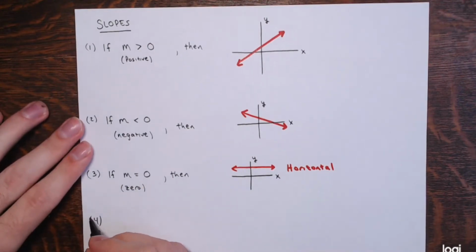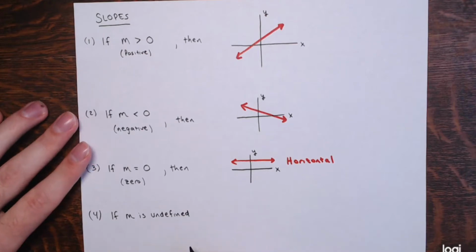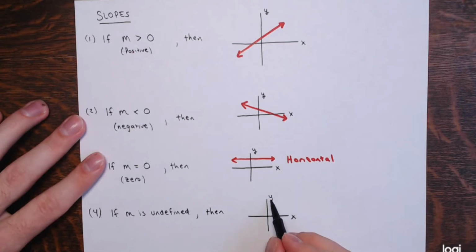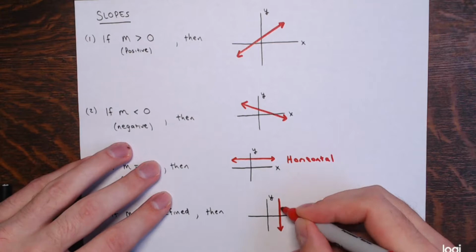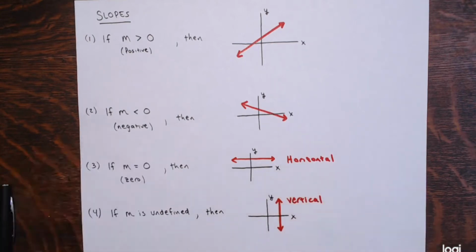And then the last case, if the slope is undefined, that means you're dividing by 0 in the slope formula. There's no change in x for every point. Right? That means every point on the line has the same x coordinate, right? There is no change in x whatsoever. Then you have, like in our last example, a vertical line in that case, right?